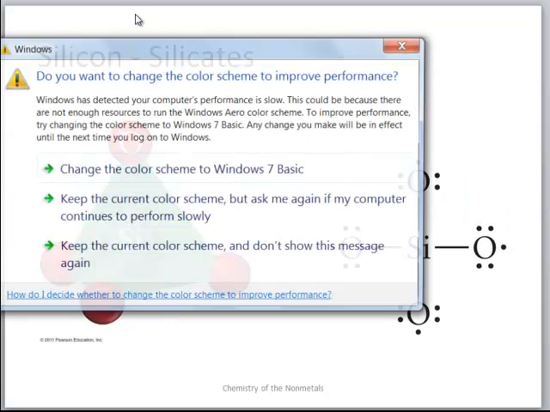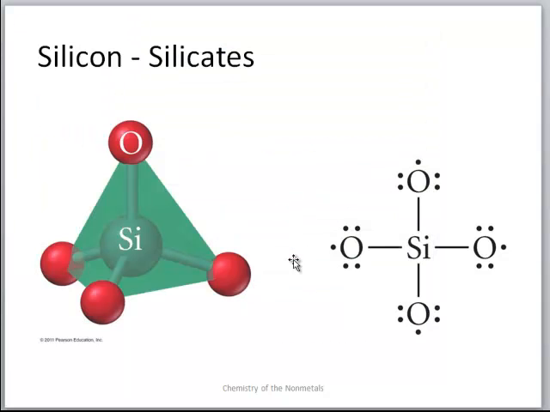Now we know that silicon has 4 valence electrons, and therefore would like to form 4 bonds, just like the element that's right above it in its family, carbon. Unlike carbon, though, silicon only forms single bonds with oxygen.